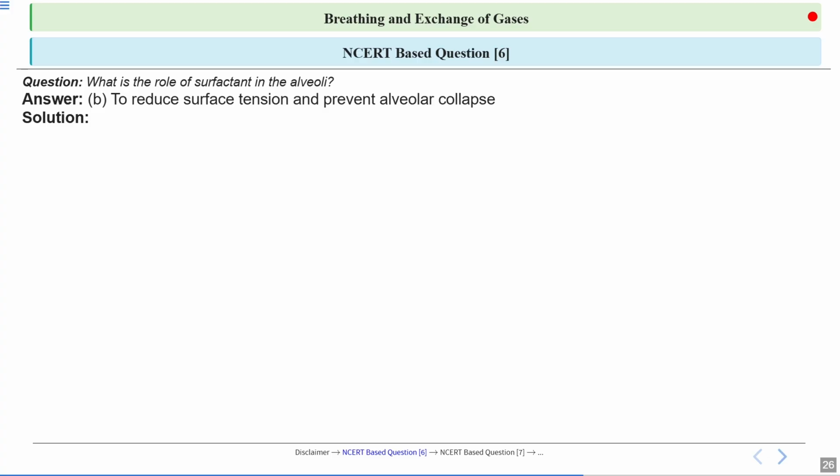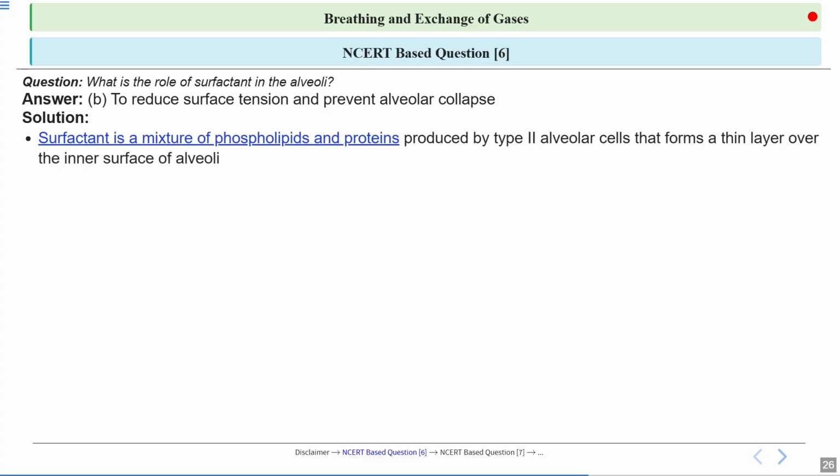So the correct answer is B, to reduce the surface tension and prevent alveolar collapse. Surfactant is a mixture of phospholipids and proteins produced by type 2 alveolar cells that forms a thin layer over the inner surface of alveoli, right?